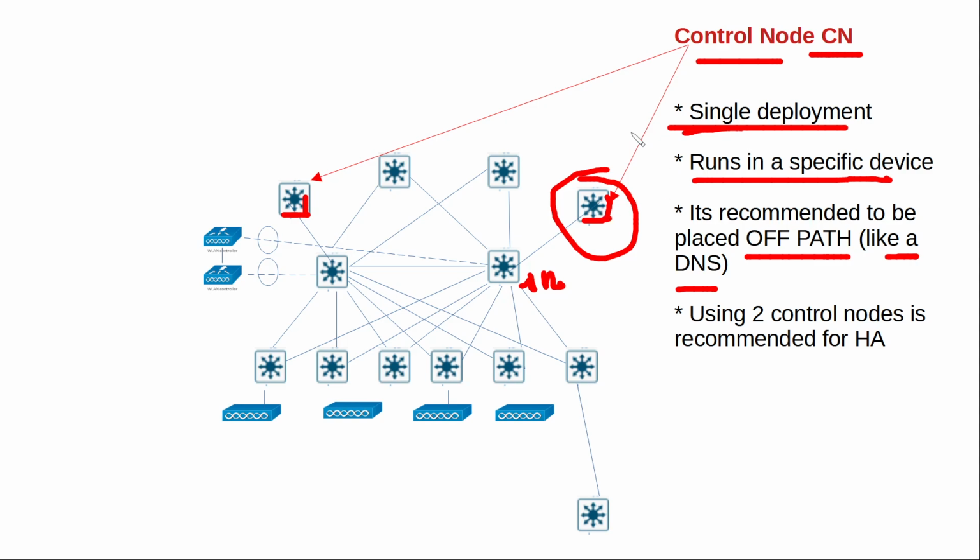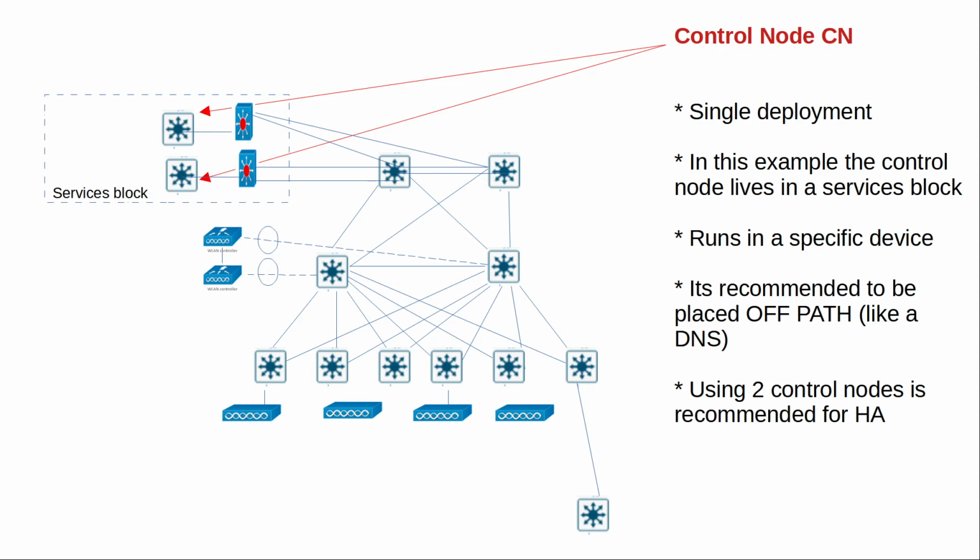But given we are using a specific device to be the control node, we can place it on another place in the network. And notice that we are showing two control nodes for high availability. So we can place them in a services block. So now my control nodes are separated from the fabric, and I am placing them in a services block in another part of the network.